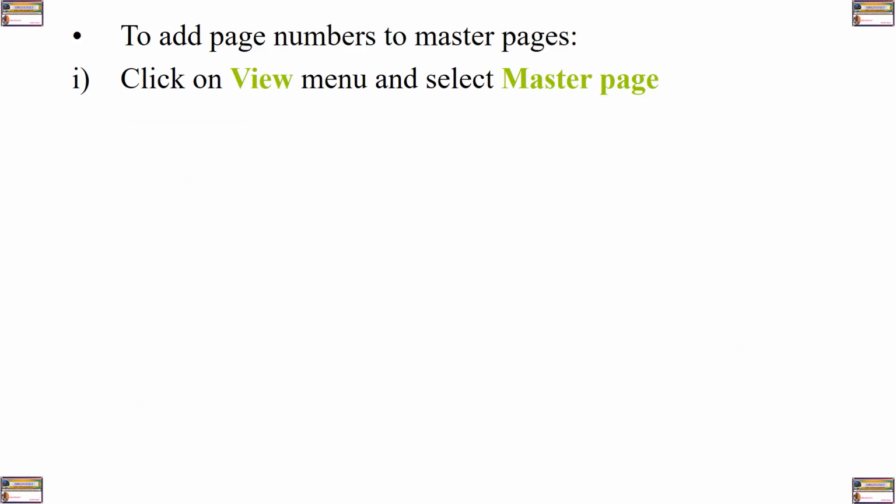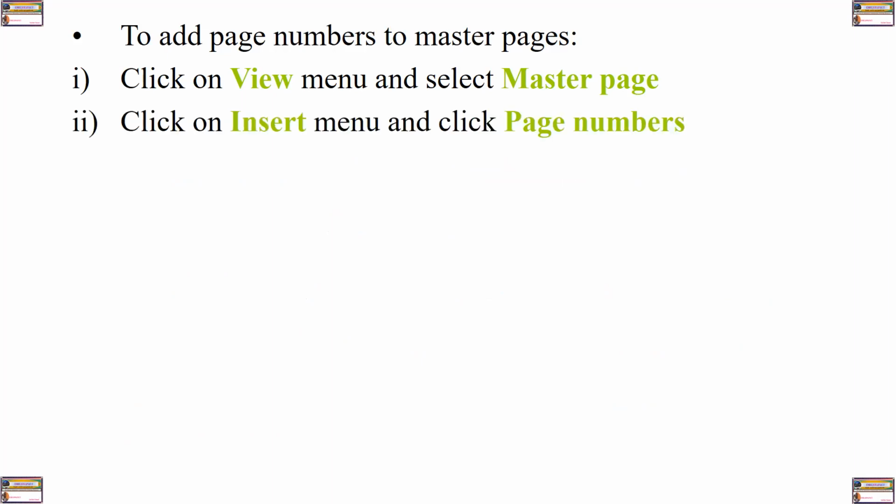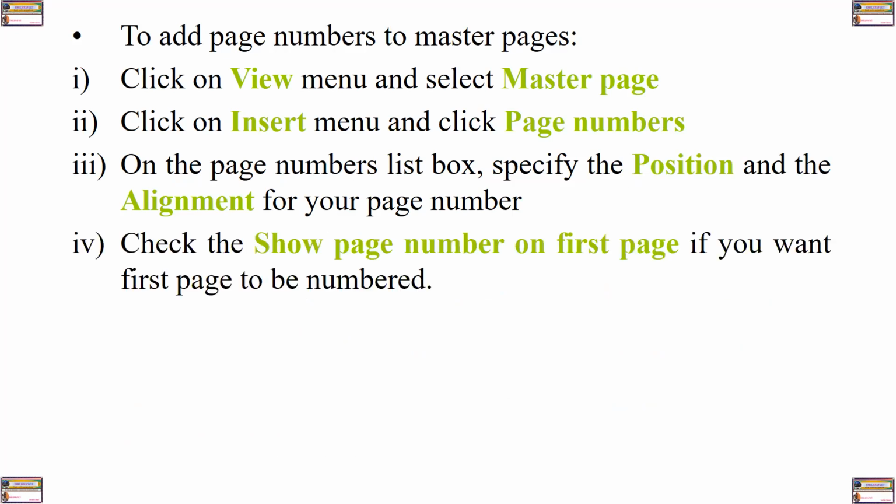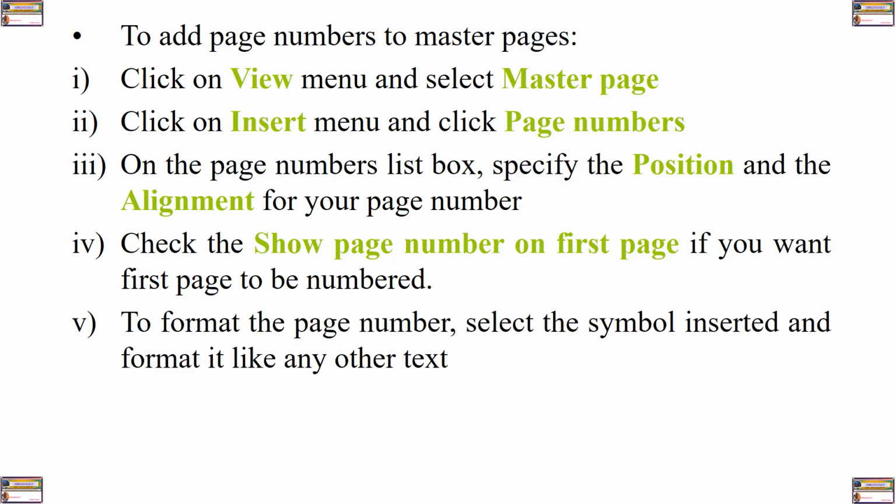1, you click on View menu and select Master Page. Second step, you click on Insert menu and then you click Page Numbers. On the Page Numbers list box, you specify the position and the alignment for your page number. Then you can check Show Page Number on first page if you want the first page to be numbered.